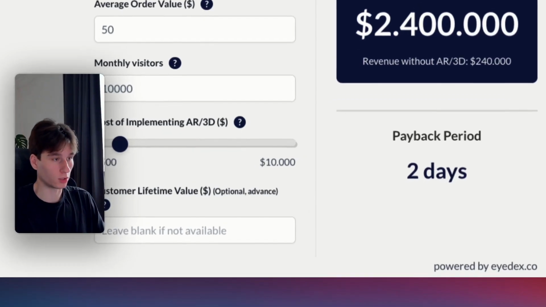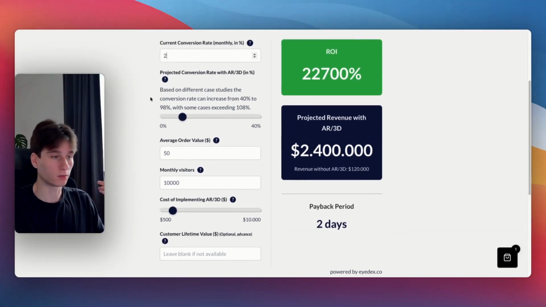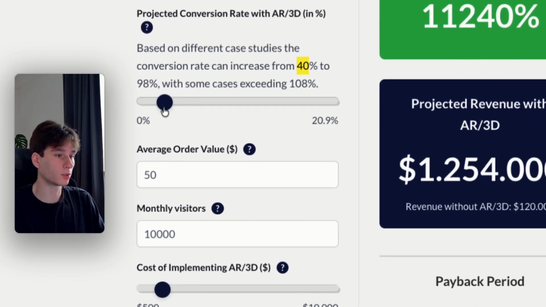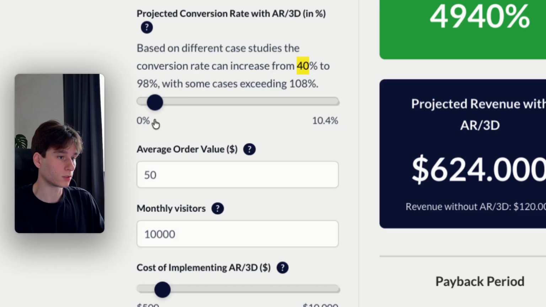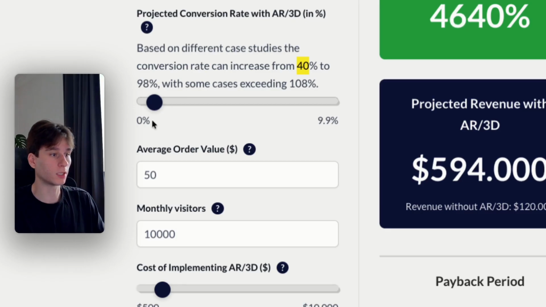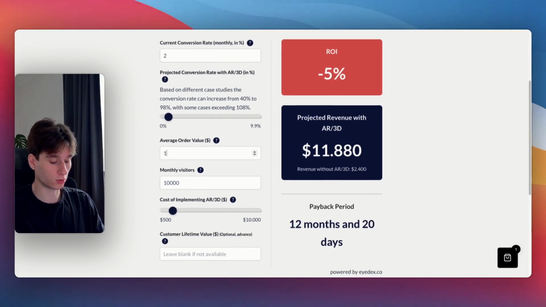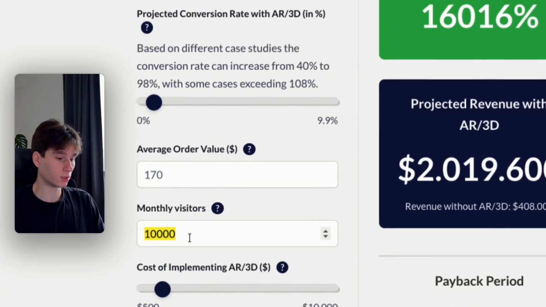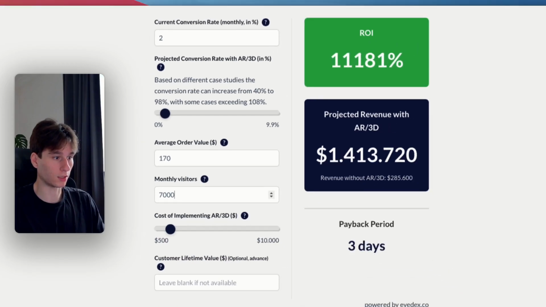Let's say you have a conversion rate of 2%. You sell custom furniture and you don't believe it performs 40% better, so we can go with a 10% conversion. Okay, 10%, 9.9, whatever. And your average order value, because you're selling furniture, is let's say 170. Maybe you don't receive this many monthly visitors, so let's say 7,000.